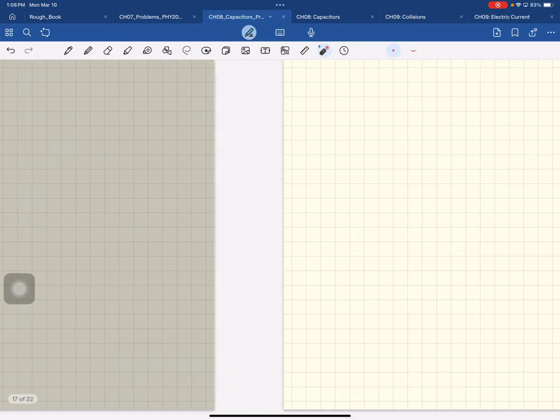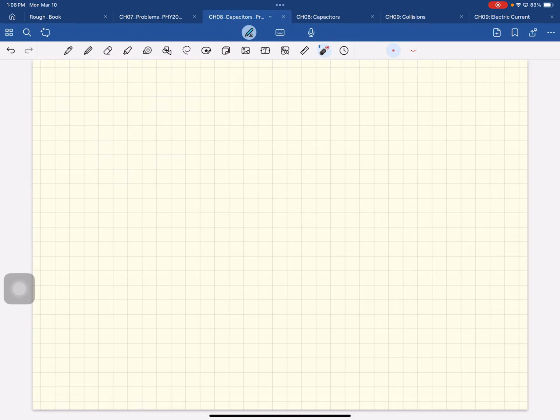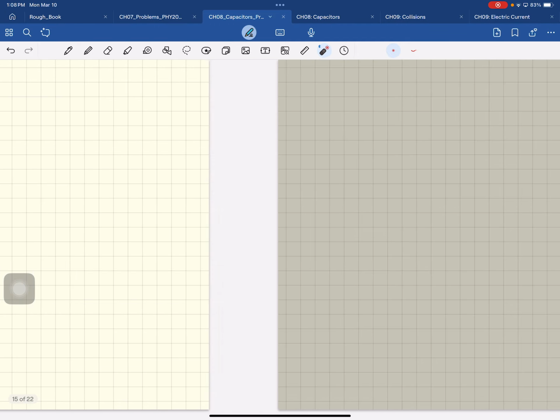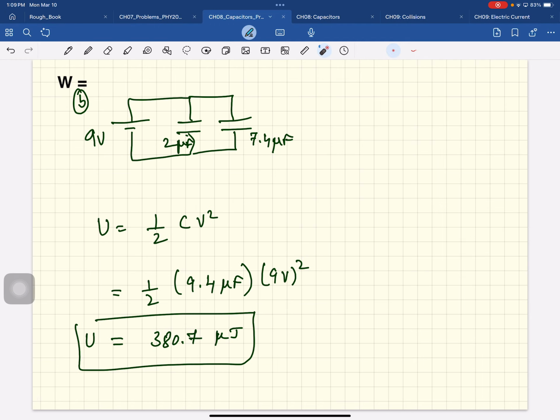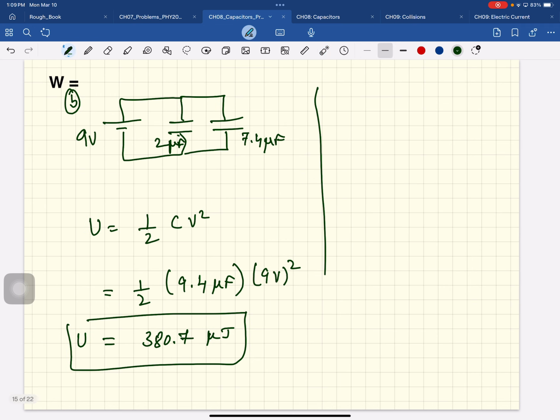So when finding the charge of the parallel, would you do Q1 over C1 equal to Q2 over C2 again? No, charge is easy actually. Q1 over C1 equals the voltage, so Q1 is V times C1.